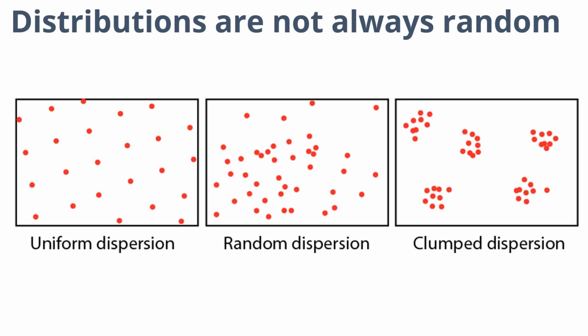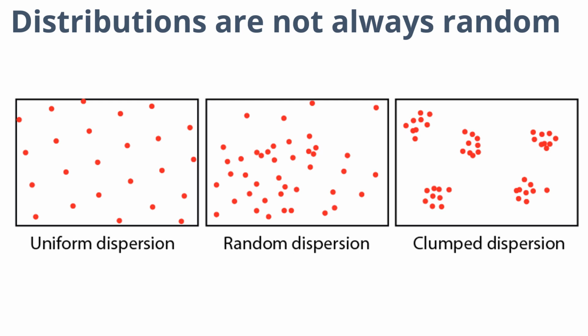So, for example, sometimes species distributions are random or uniform in space, but not always. Uniform distributions are very typical of plants that secrete chemicals to reduce competitors. And so you'll see this free area around each plant, and you'll see that they have a very uniform distribution here.